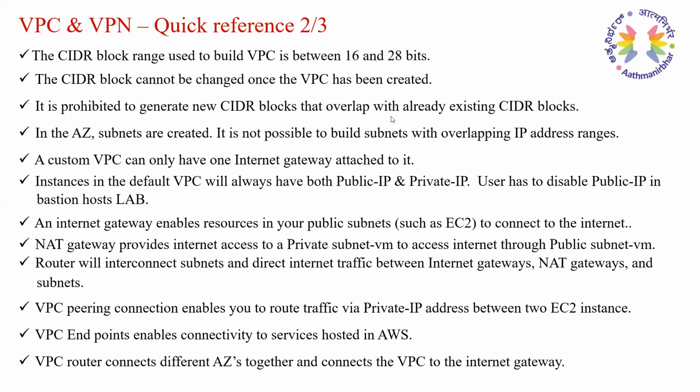Through the NAT gateway access provided to the public virtual machine, the internet traffic started flowing from the private VM. VPC endpoints enable connectivity to services hosted in AWS. VPC routes connect different availability zones together and connect the VPC to the internet gateway.